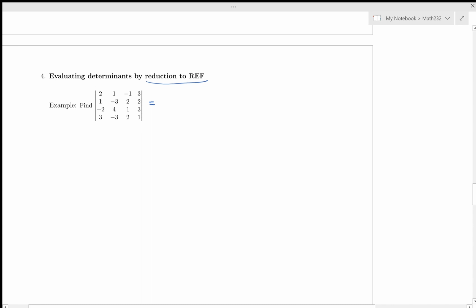So my first step is going to swap rows 1 and 2. That is to move this 1 up here into the pivot position. Okay, so I'm going to swap those. When I swap 2 rows, I have to multiply the determinant by -1. So I'm going to put that minus there for that reason. So I'm just swapping the 2 rows.